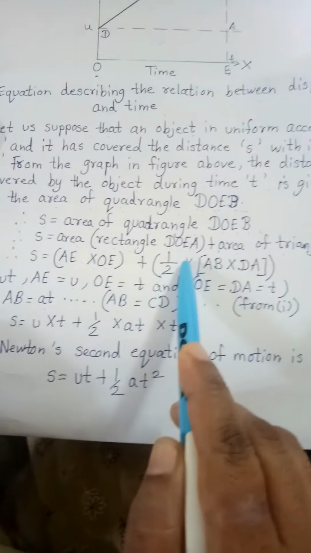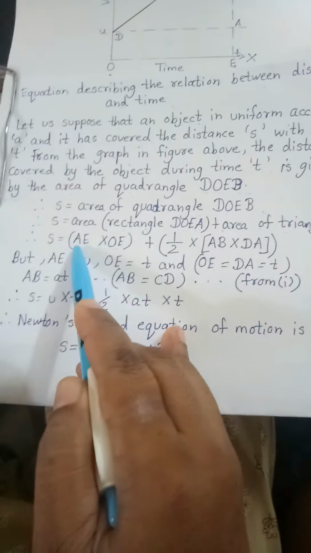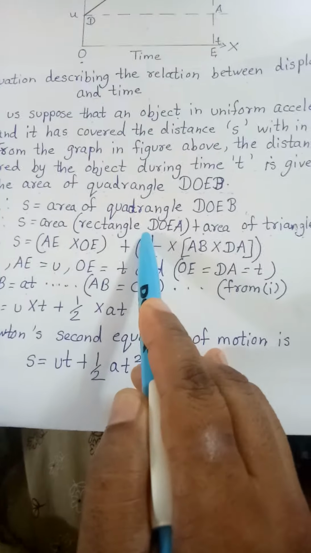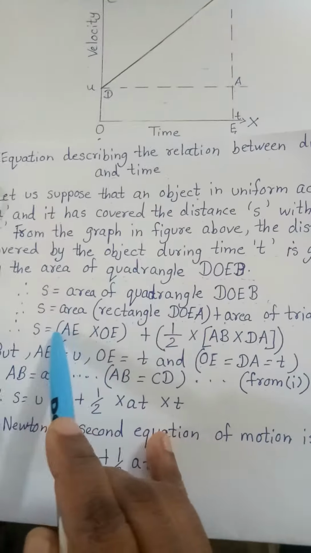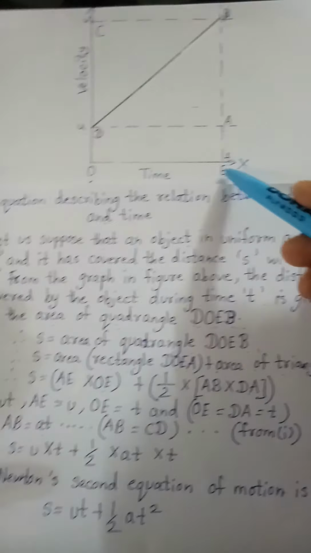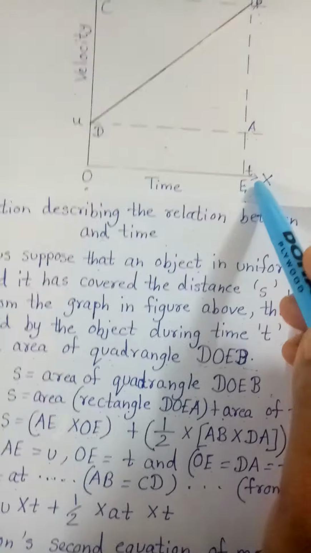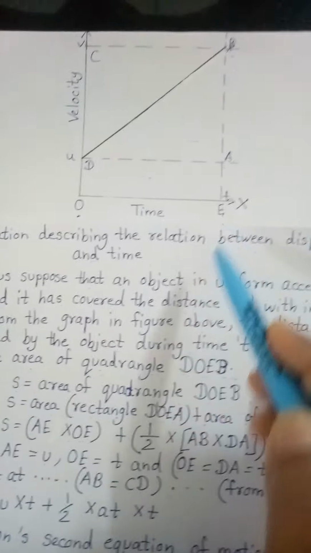So S is the area of the rectangle DOEA plus the area of the triangle DAB. The area of the rectangle is length into breadth, so AE is the length of the rectangle and OE is the breadth.